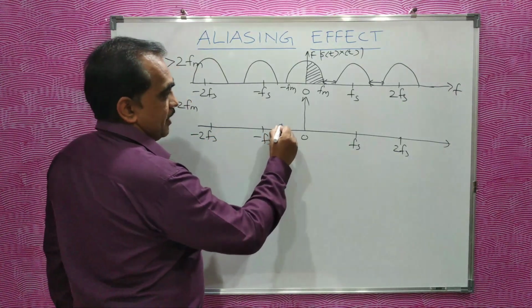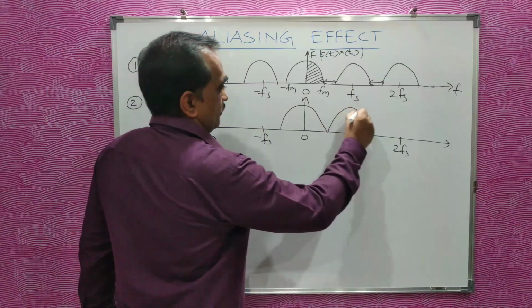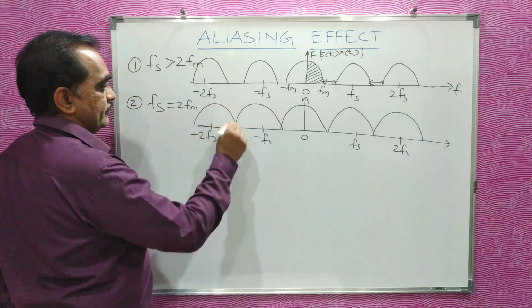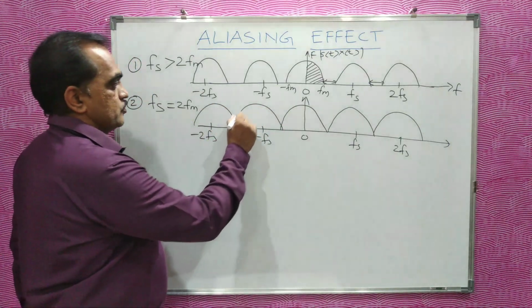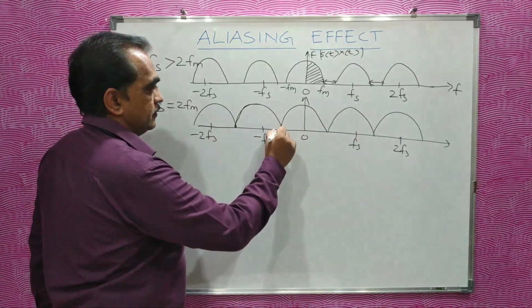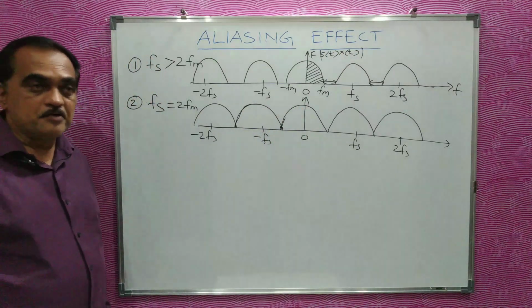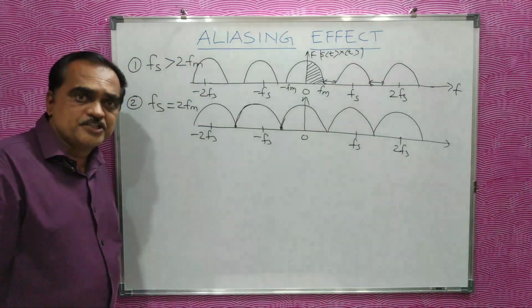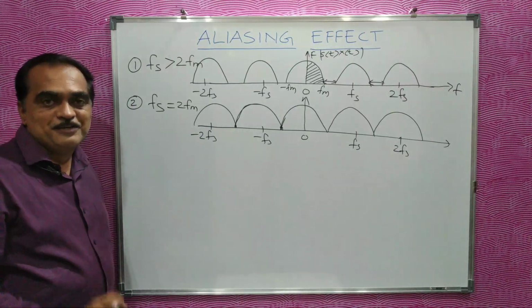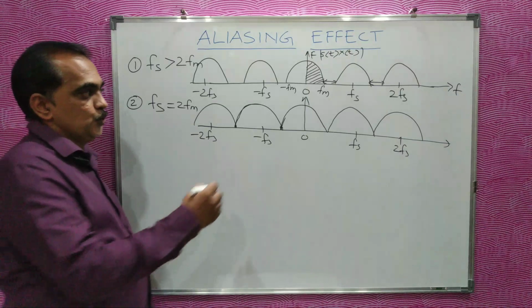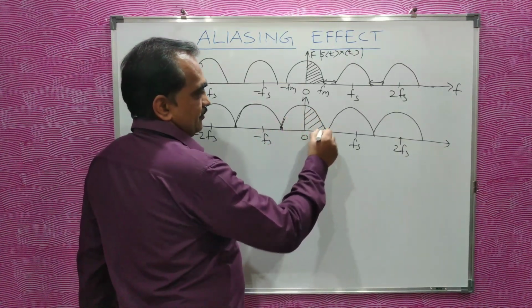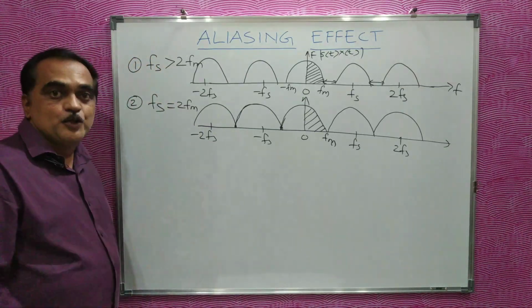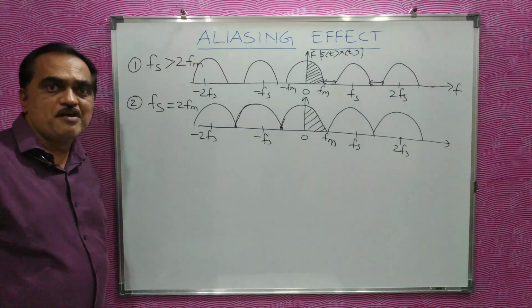The frequency Fm will be stretched a little, and all the frequency spectrums will come correctly, but there will be no gaps between them. This is an ideal condition for which you cannot have practical filters. Ideally, you can filter and reconstruct the original signal from 0 to Fm, but you cannot do it practically. But this is our basic Nyquist criteria.